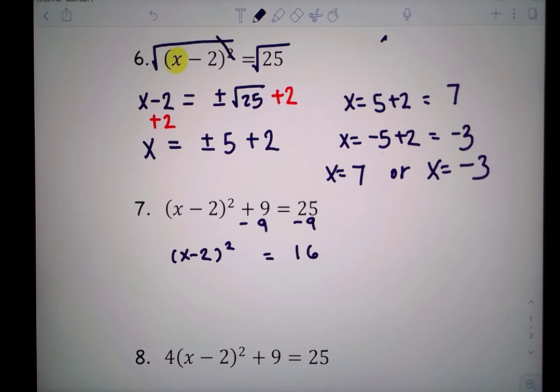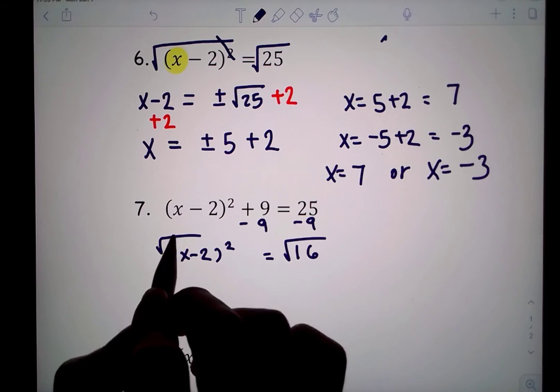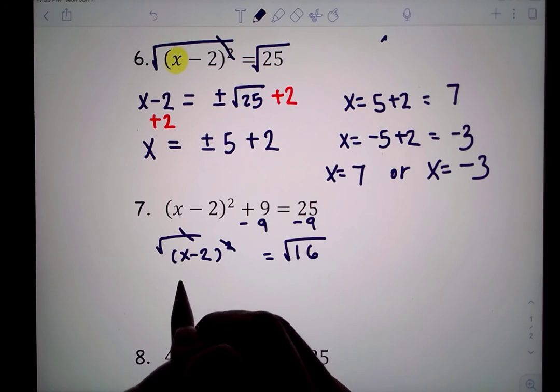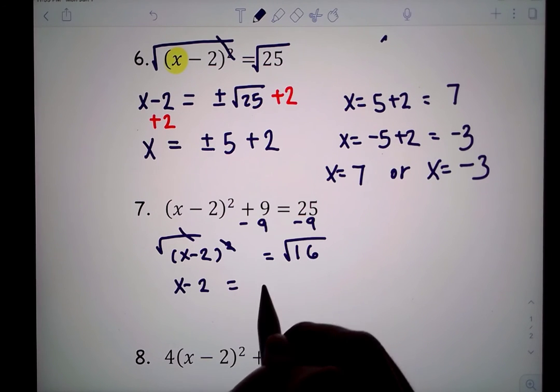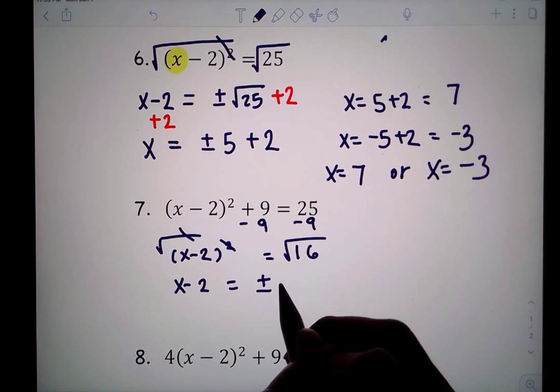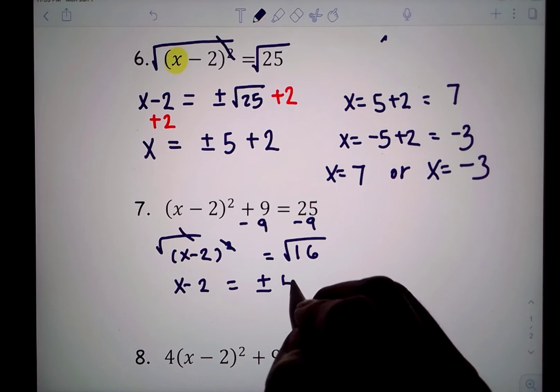And then you take square root. Square root, square root. Then you cancel this 2. You get x minus 2 only, and that's plus minus. Don't forget plus minus. And square root of 16, that is 4, right?